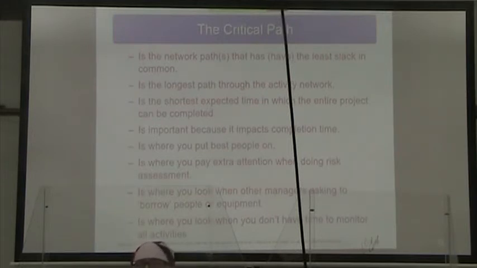We're going to pay extra attention to any activity on the critical path as far as the risks, right? Is there a risk that critical resources will be missing? Is there a risk that critical people will be missing?